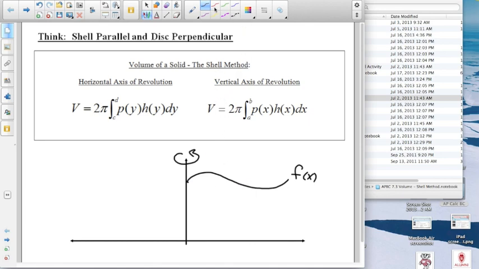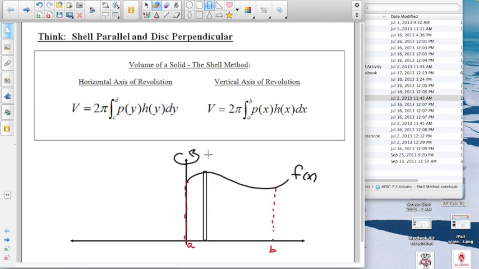So let's just say we want to start here at location A, and we'll make location A right on the axis of rotation. And we'll go to the upper limit, which is B. And in this situation, if we're going to create concentric shells, we're going to have an incremental rectangle here that is going to be parallel to the axis of rotation.